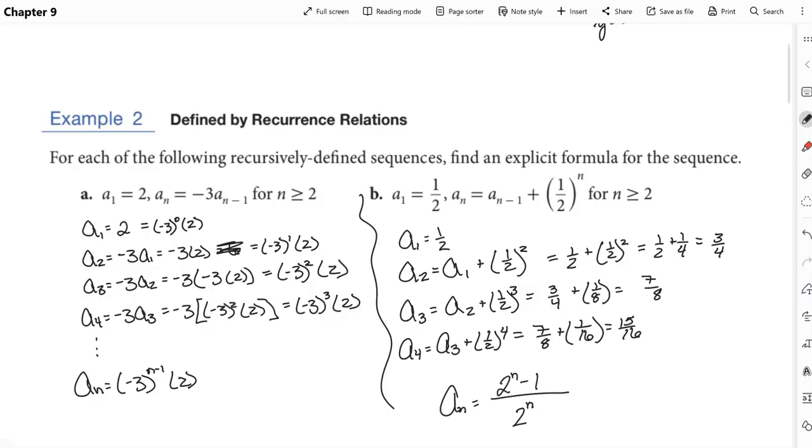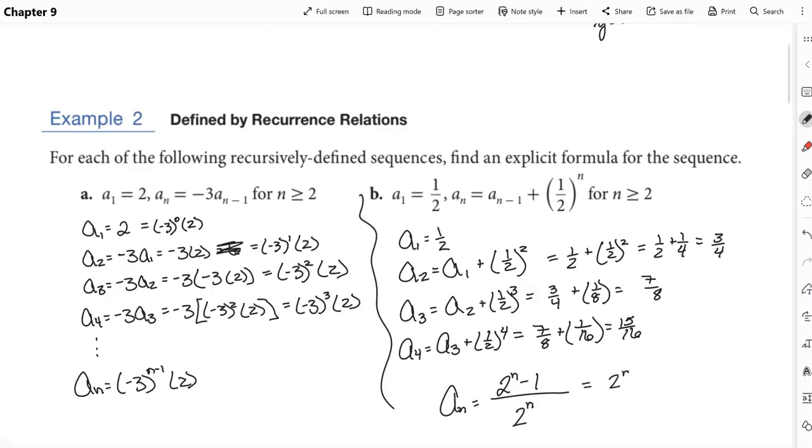Let's see if that works. If n is 4, 2 to the fourth is 16, minus 1 is 15. If n is 3, 2 cubed minus 1 would be 8 minus 1, which is 7. This would be 2 squared minus 1, which is 3. And this would be 2 to the first minus 1, which is 1. So that matches my numerator.